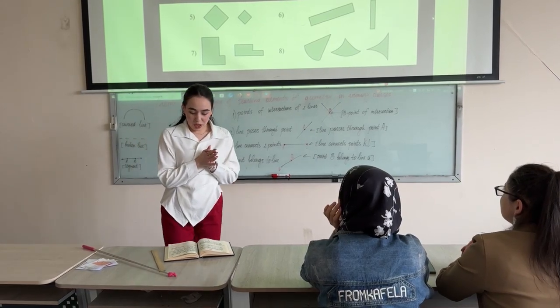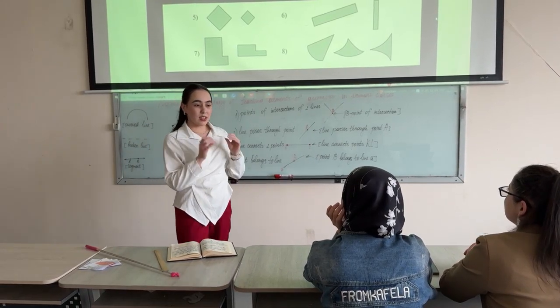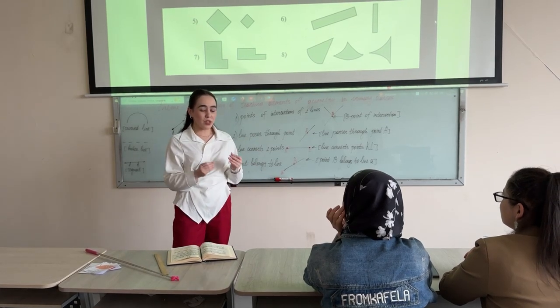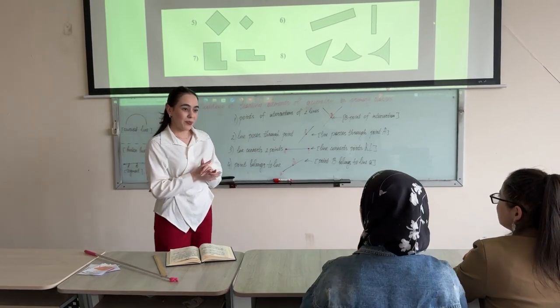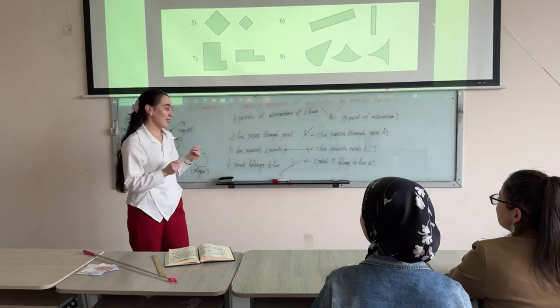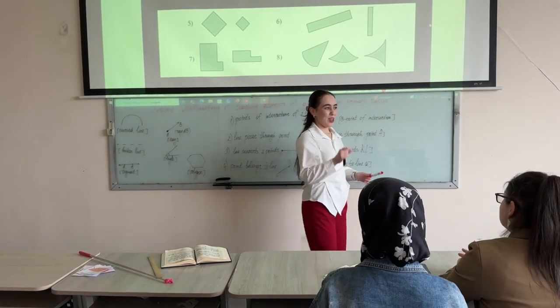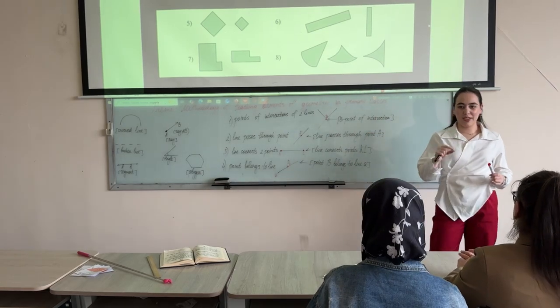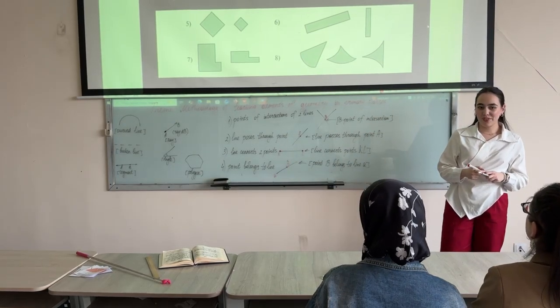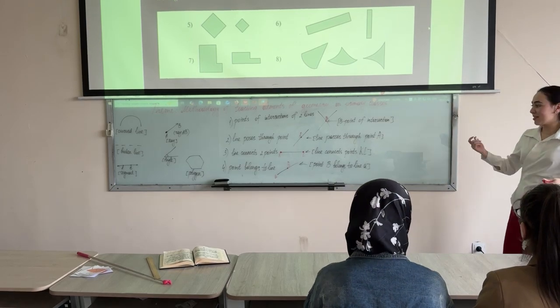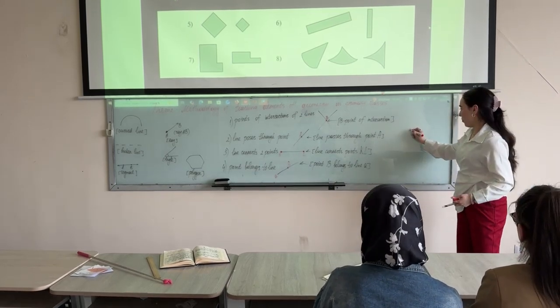For example, let's talk about the simplest geometric element. Do you know what the simplest geometric element is? What do you think? No, it's much smaller than a line. Three, two, one, no, it's a point, just a point.